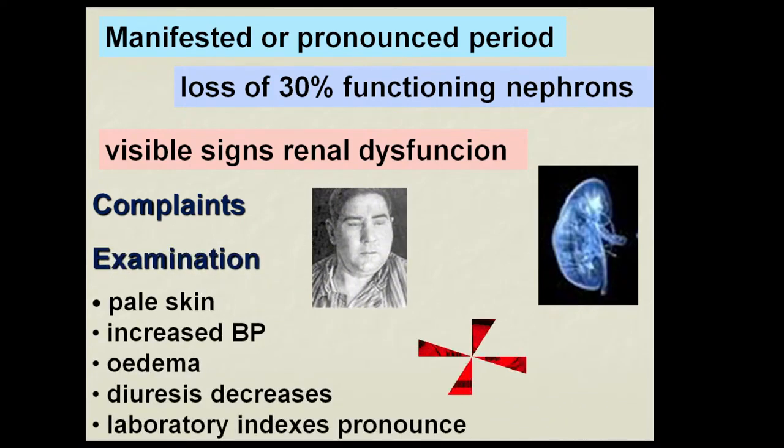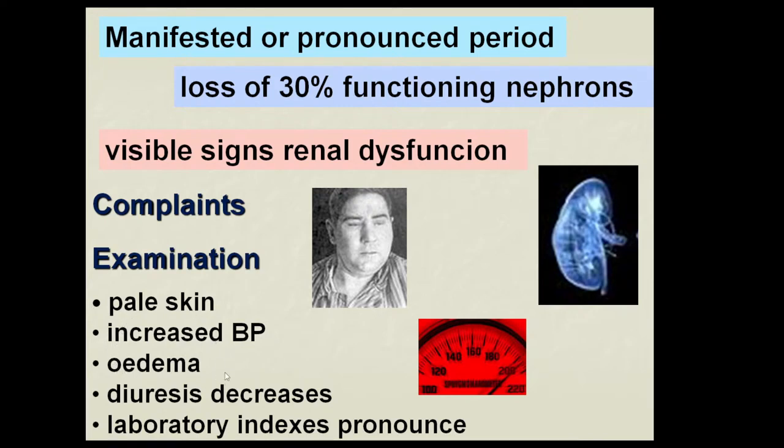weakness, progressive weakness, uncontrolled blood pressure, progressive edema, and we can see the skin of the patient is pale because of progressive anemia and spasm of peripheral vessels due to increased blood pressure.